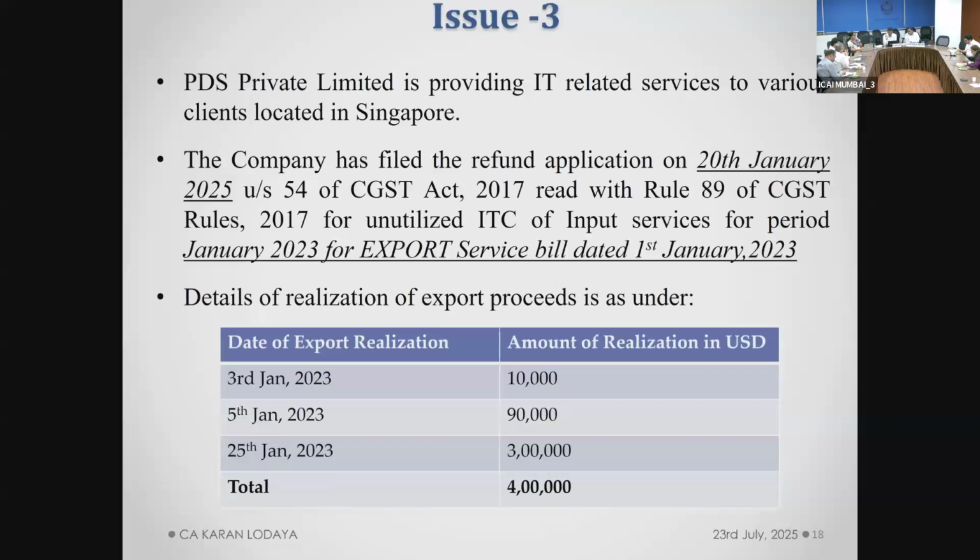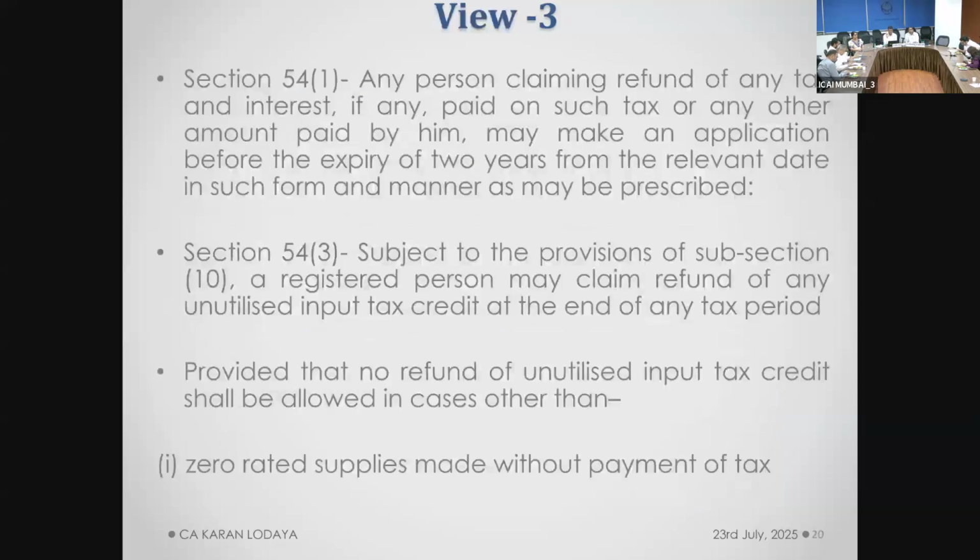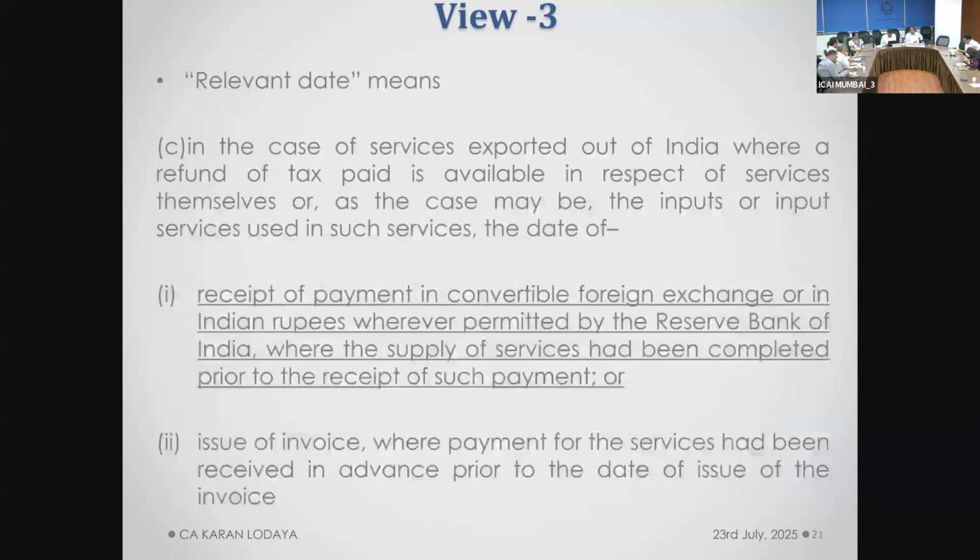Everyone got the question, no? 54(1) says any person claiming refund of any tax or any other amount paid by him shall make an application before the expiry of 2 years from the relevant date, in such manner as may be prescribed. And the relevant date for services is the receipt of payment in convertible foreign exchange.